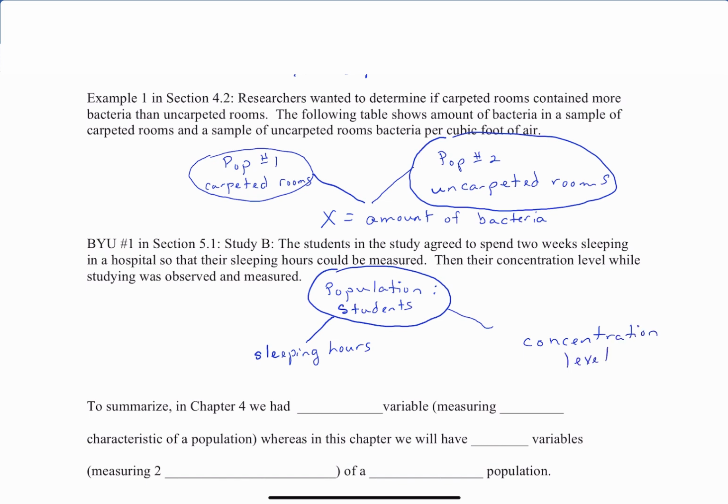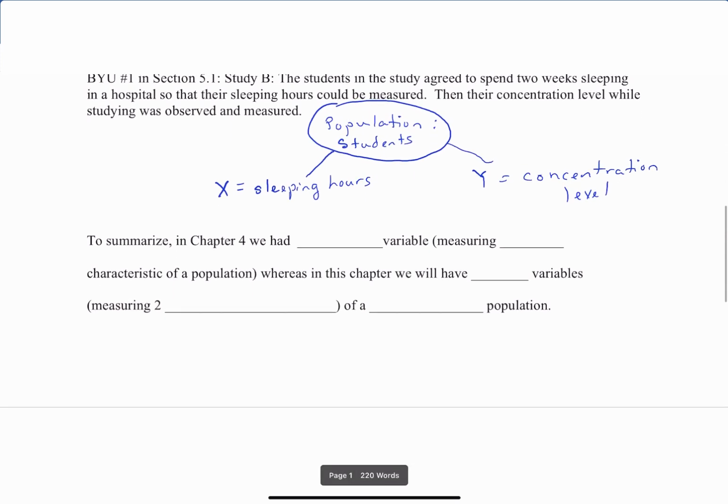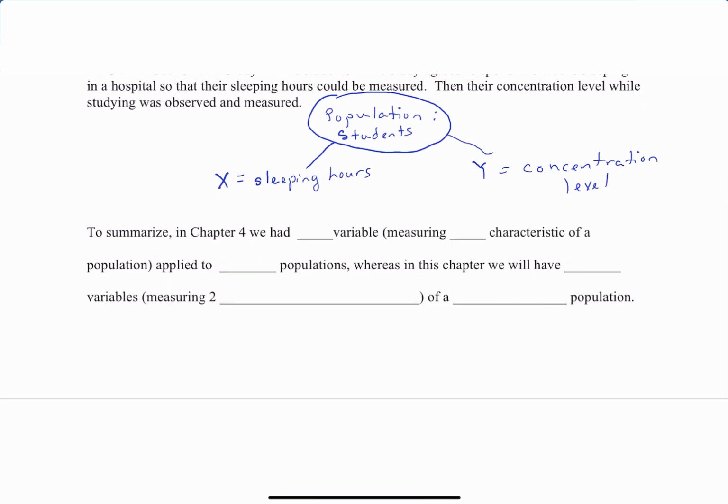So if we were giving variable names to those two characteristics of this population, we'd have two variable names, x and perhaps y. So to summarize, in chapter 4 we had one variable measuring one characteristic of a population, but we applied that to two populations.